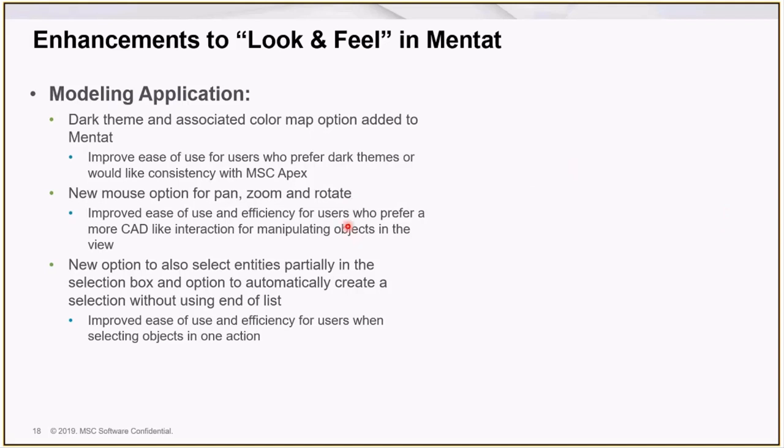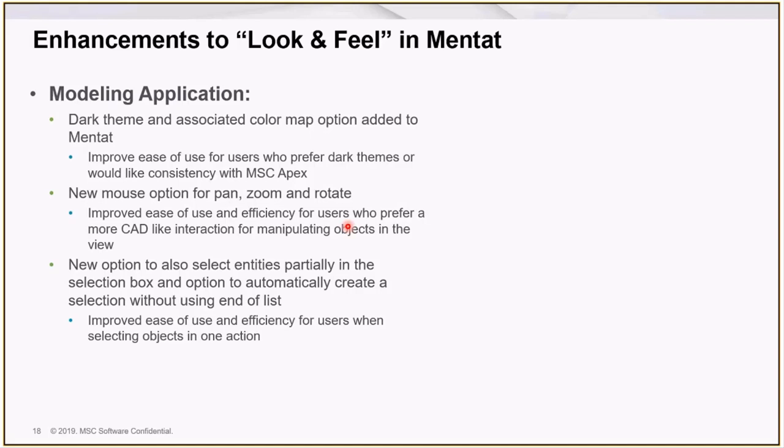We have new mouse options when you're panning, zooming, and rotating. Today you'll use the keyboard shortcuts, or you can obviously use the icons. For some people, they're familiar with that and it works.